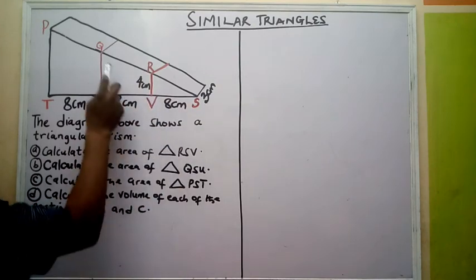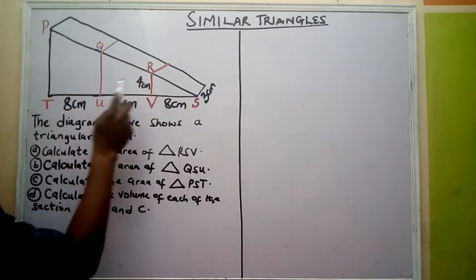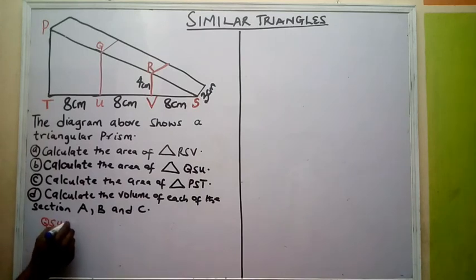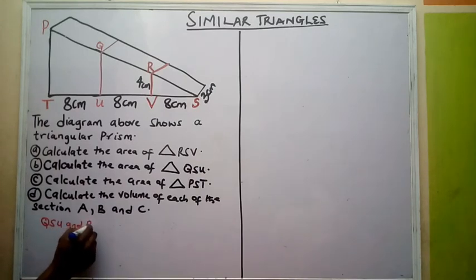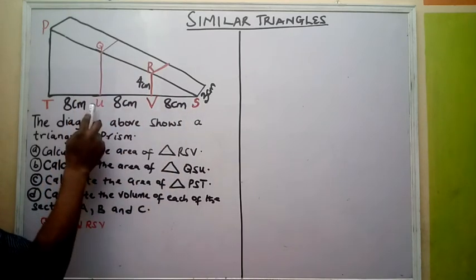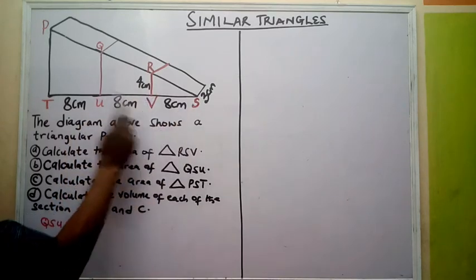The first thing I'm going to do is write that QSU and RSV are mathematically similar. They are mathematically similar because QSU is an enlargement of RSV.